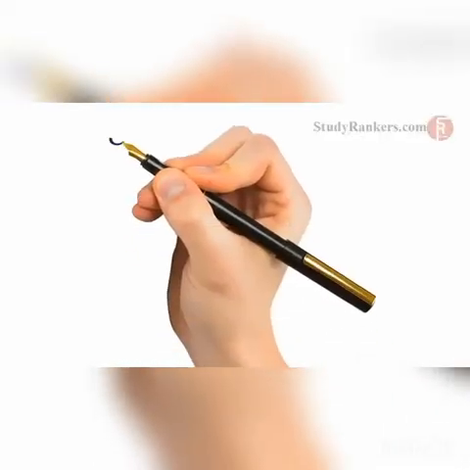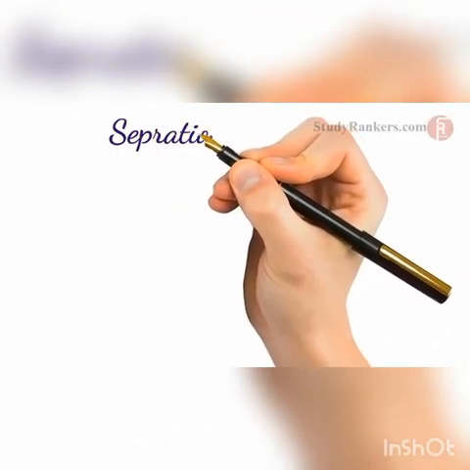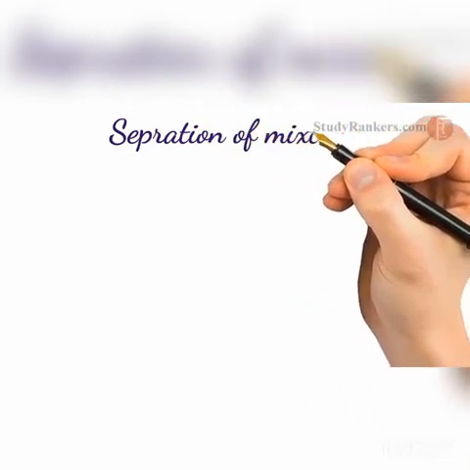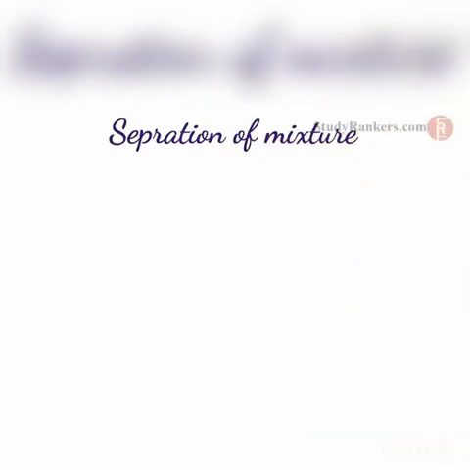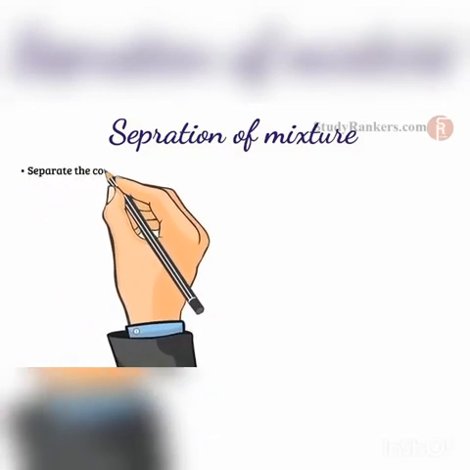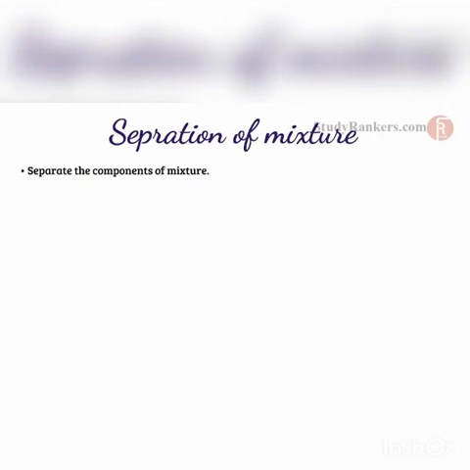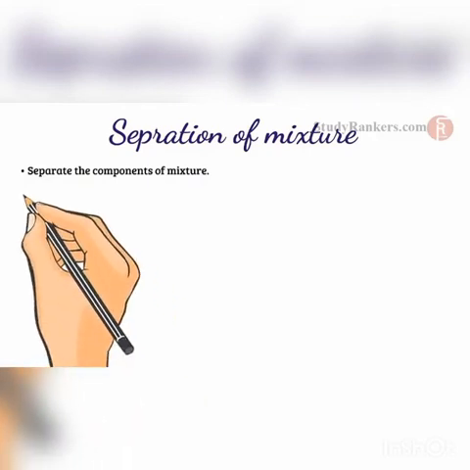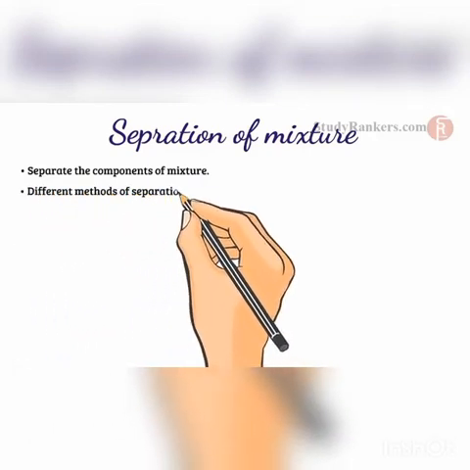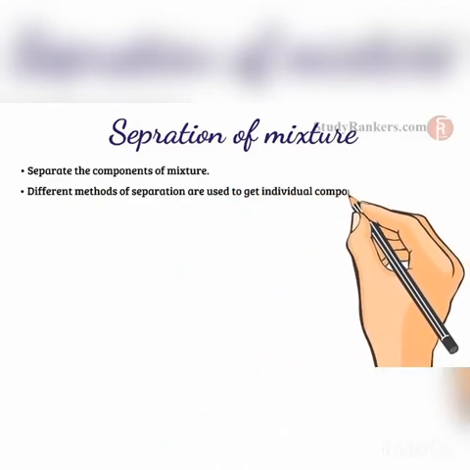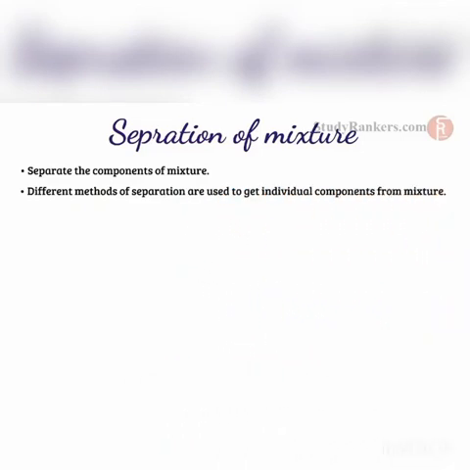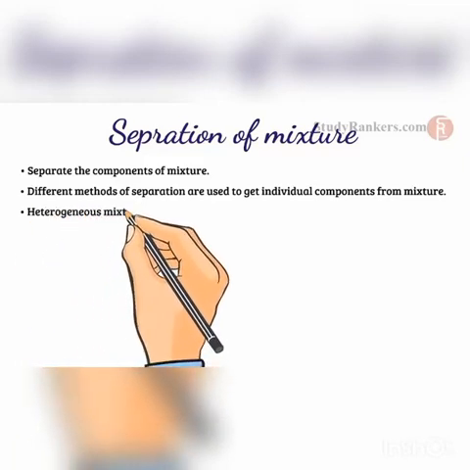Hi again. We have already discussed the classification of matter on the basis of chemical properties. Now, in this video, we will learn the ways to separate the components of a mixture. Different methods of separation are used to get individual components from a mixture.